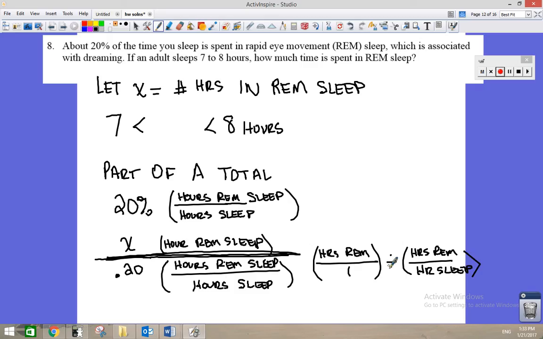Division you can change to multiplication, a big dot, if you flip the fraction. Division is the same thing as multiplication of the reciprocal.